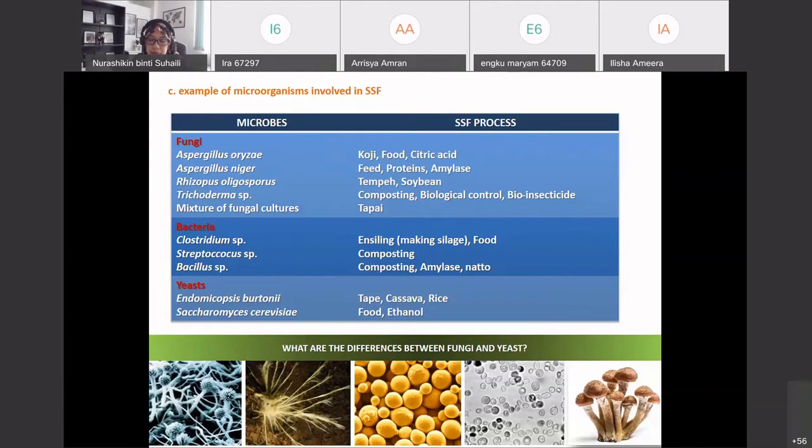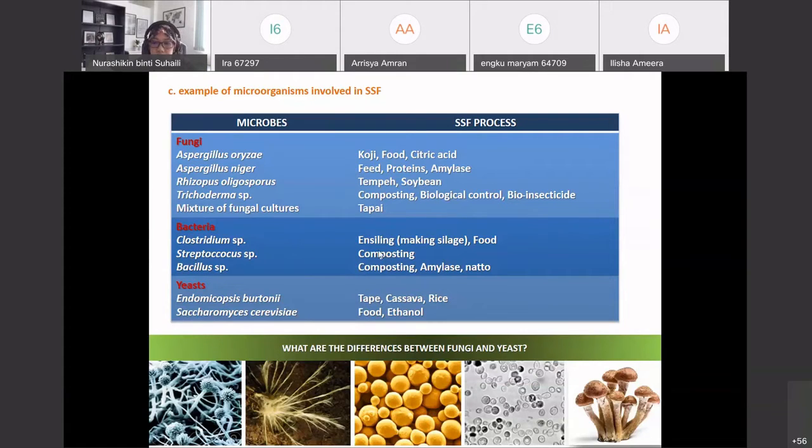And not just the type of the substrate, it is also the conditions: the pH, the temperature, the environment, yeah? Those are the things that we manipulate. So that's why the fermentation in the lab is the one that we control. We control everything about the process, yeah? Okay, so some examples of bacteria: Streptococcus for composting.